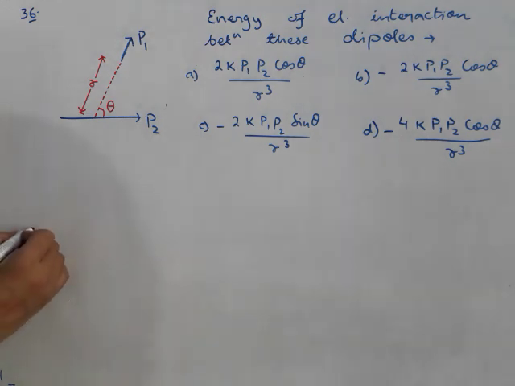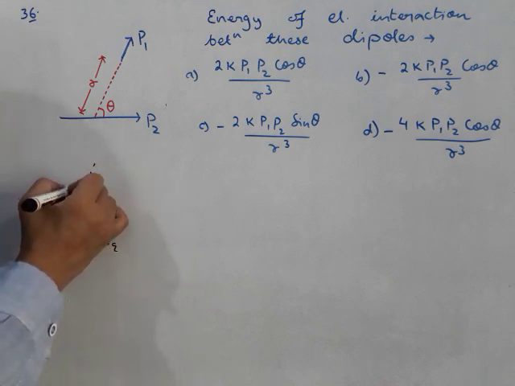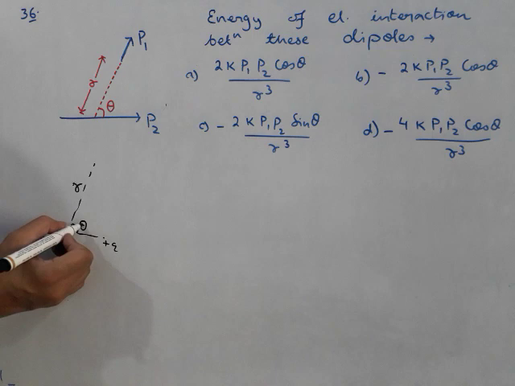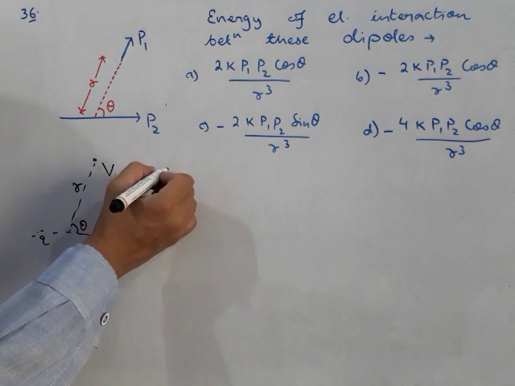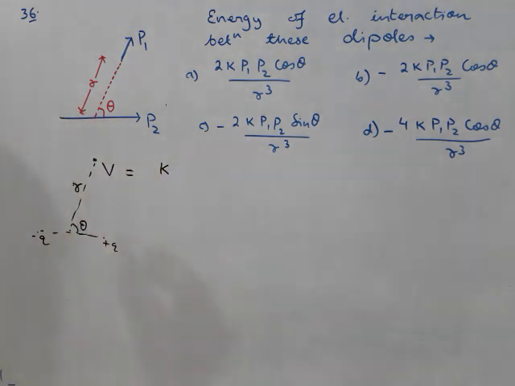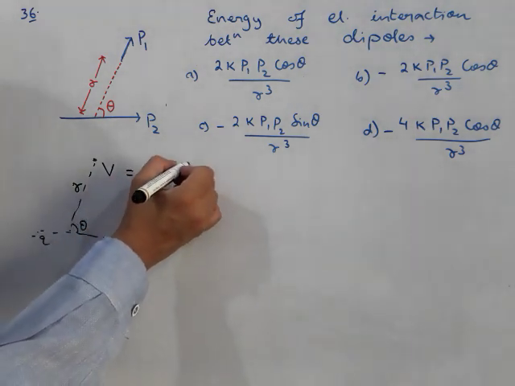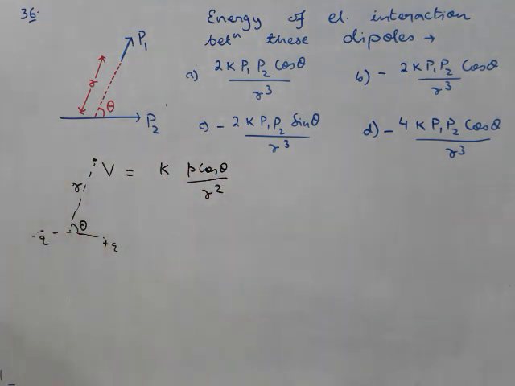If you remember, students, if we have a dipole with charges minus q and plus q, and from its midpoint at a distance r, at this point the potential V is given by the formula 1 by 4 pi epsilon naught, which I will write as k, into p cos theta upon r square, where p is the dipole moment and r is this particular distance.